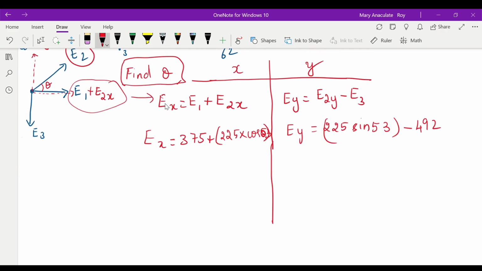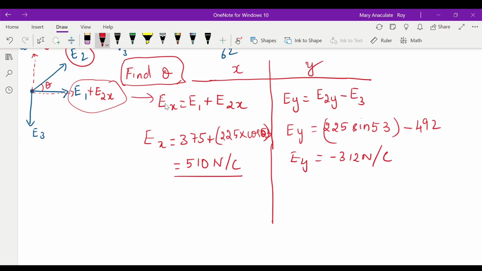So you substitute all the values, and for Ex you should be getting 510 Newton per Coulomb. Ey you will get negative 312 Newton per Coulomb.